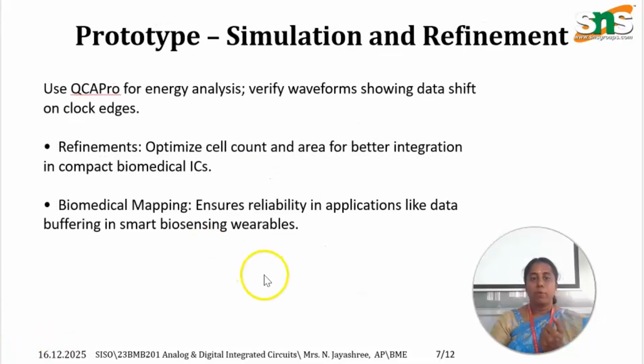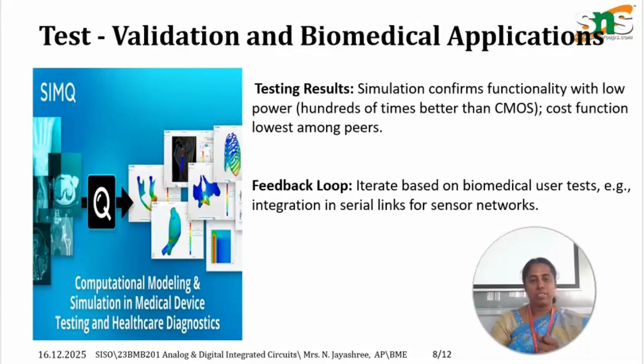Next one is the prototype. Using QCA Pro for energy analysis and verifying waveforms showing data shift on clock edges, with refinements to optimize cell count and area for better integration in compact biomedical integrator circuits. It ensures reliability in applications like data buffering in smart biosensing wearables.